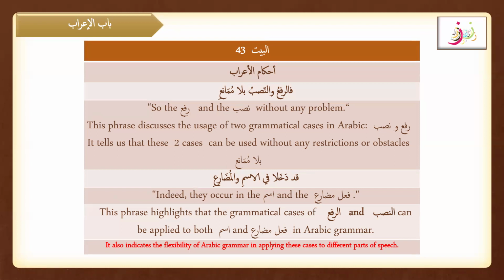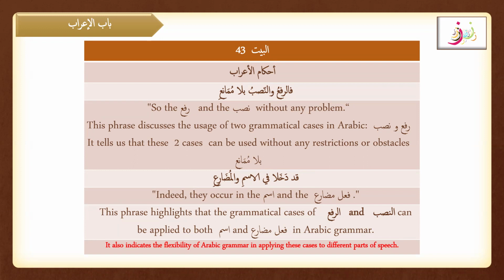So here Imam al-Hariri is telling us, for Rafu wa Nasbu bila mumani'in, first of all, that the Rafa and the Nasab are the two states of the grammatical cases of the Arabic language. قد دخل في الاسم والمضارع.